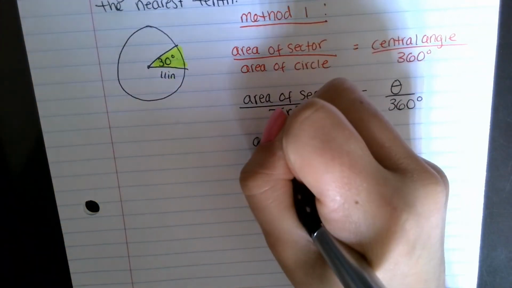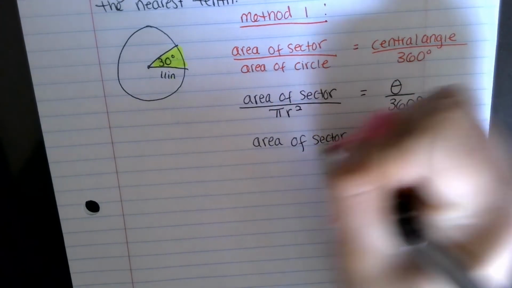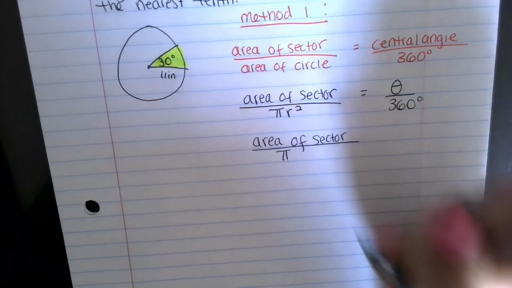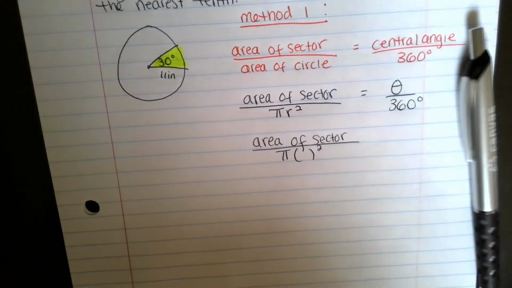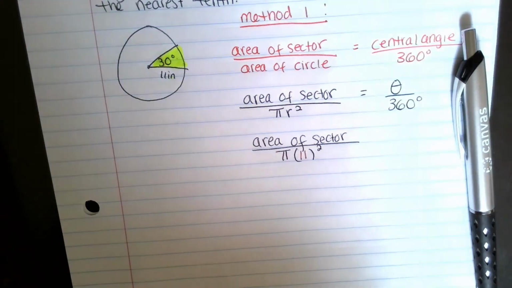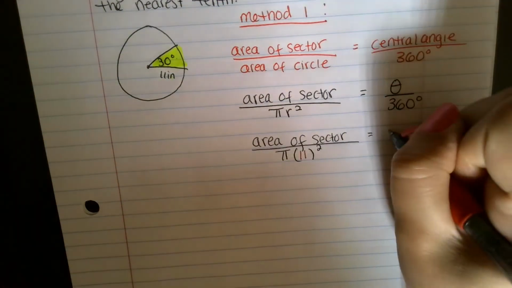So I have area of sector over pi, my radius is given as 11, so I'll have 11 in here. And my central angle is 30, and that's the shaded area.